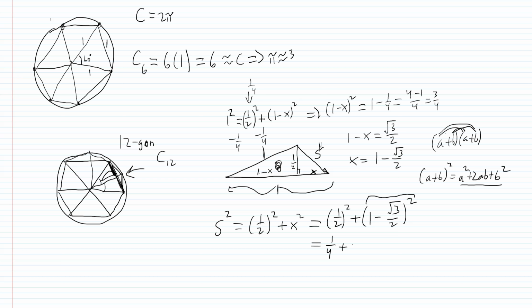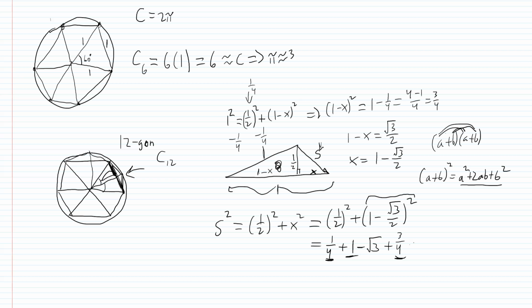So then we're going to end up with a 1 minus root 3 plus 3 over 4. So if I look at the 1 over 4 plus 3 over 4, that's the same as 4 over 4, so that's a 1.